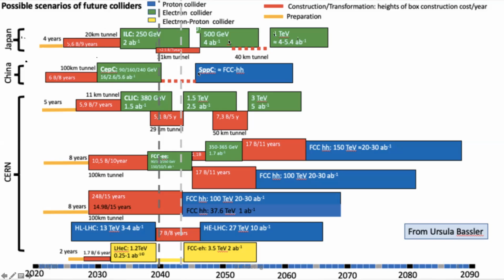CEPC and SPPC in China is here, and the CERN projects are the Future Circular Collider in electron operation and in hadron operation. This FCC-ee and the FCC-hh are a tandem that's similar to LEP and the LHC. So first we do e+ e- precision physics, and then we use the same tunnel for very high energy discovery physics.